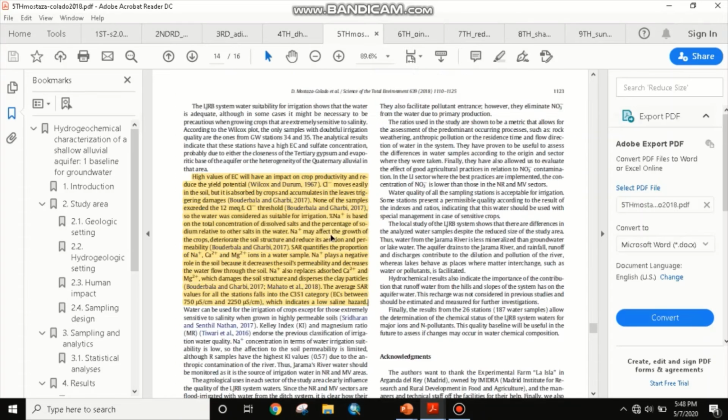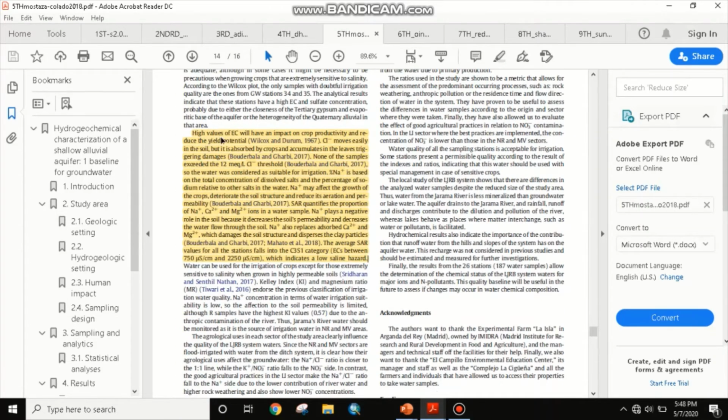So let's see what interpretation they have given over here. High values of EC have an important effect on crop productivity and reduce the yield. Cl moves easily in the soil, and it is absorbed by crops and accumulates in the leaves, triggering damage.